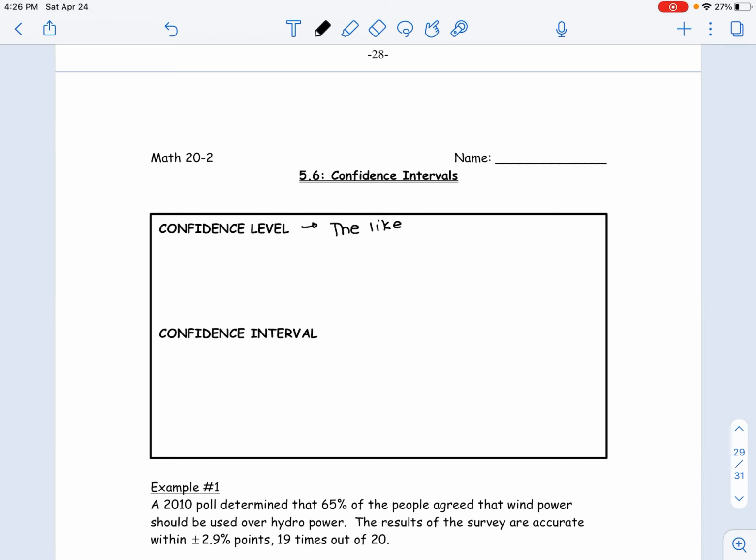So that's the likelihood that the result lies within the range.